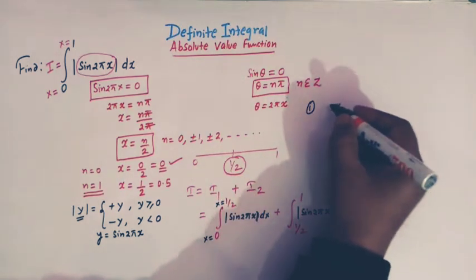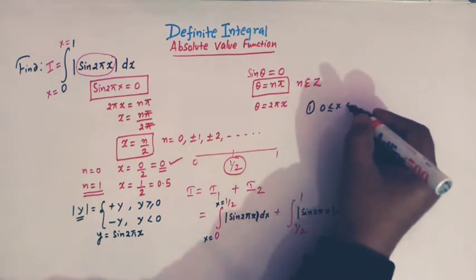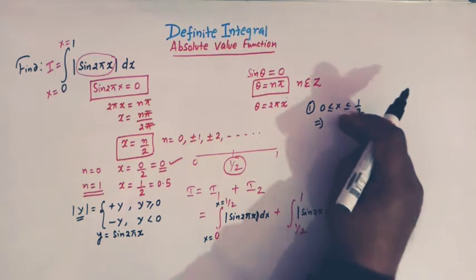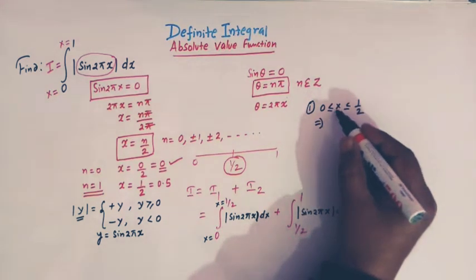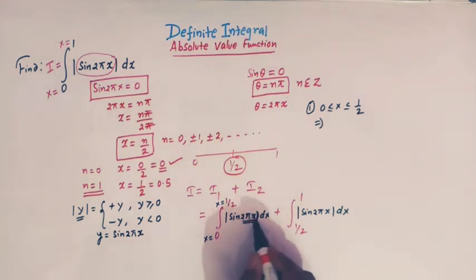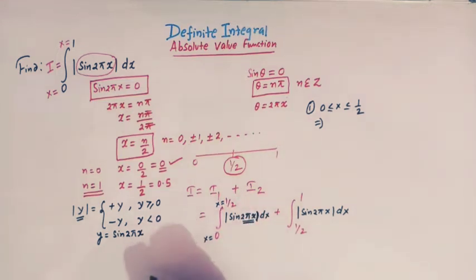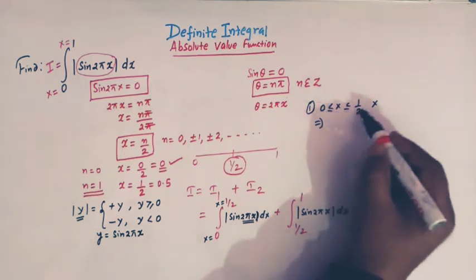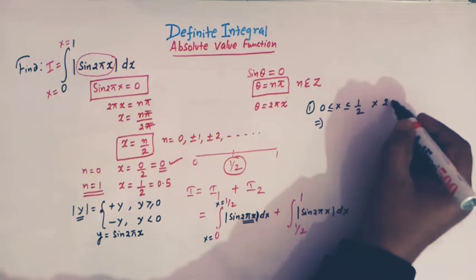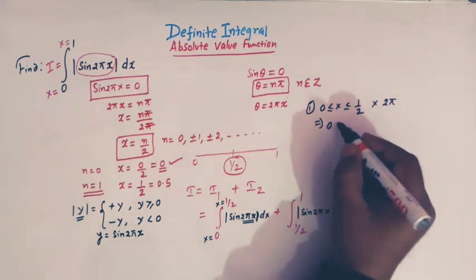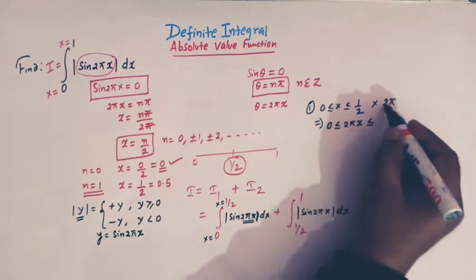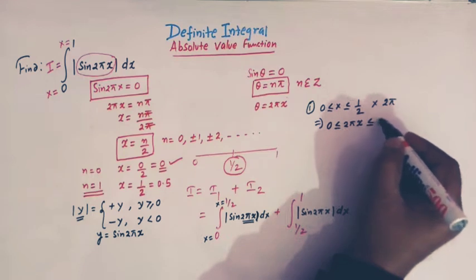So when x varies from 0 to half, then if we multiply this inequality by 2 pi, because here we have to find this angle, that is 2 pi x. So when x lies between 0 and half, then if we multiply this entire inequality by 2 pi, we get 0, and here we get 2 pi x, and here 2 and 2 get cancelled, so we have pi.